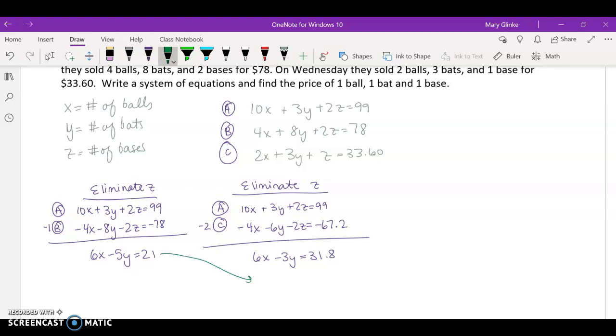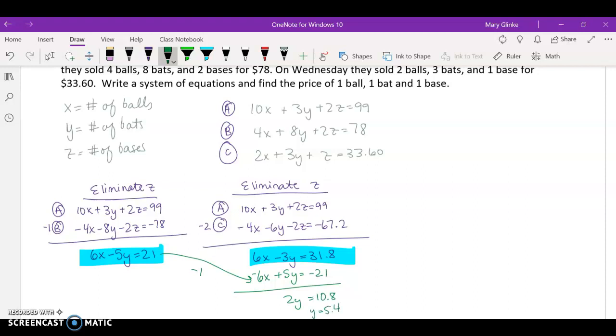I'm going to take both of these resulting equations, and now I'm going to do elimination again. We kind of lucked out because the x's are the same number, but I just have to make one negative. So I make everything in that equation negative, and I get 2y equals 10.8. So therefore y equals 5.4.